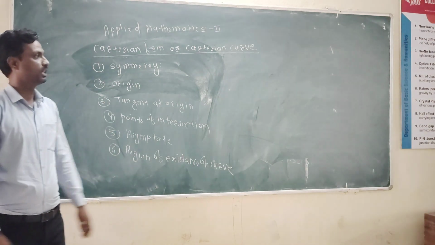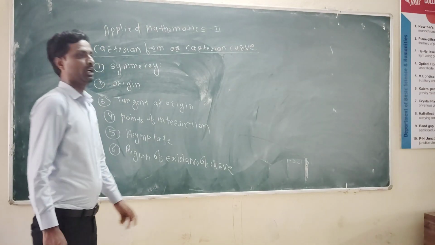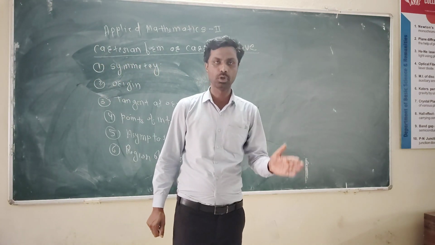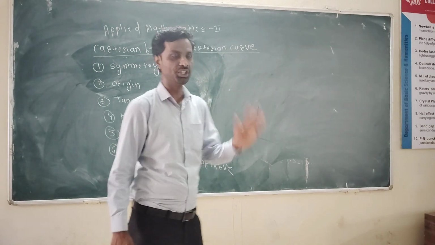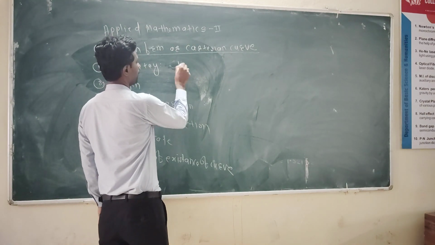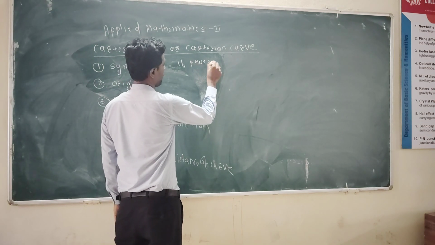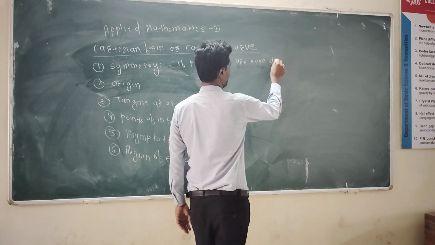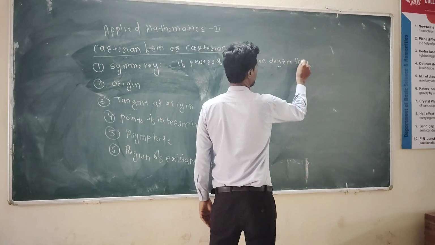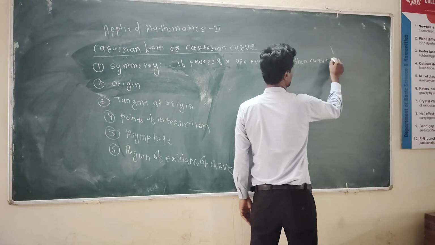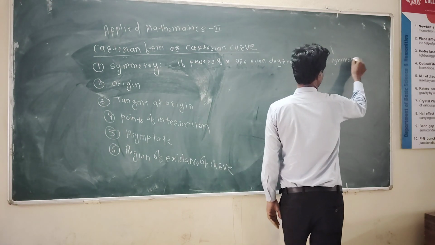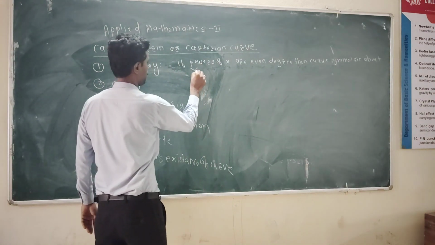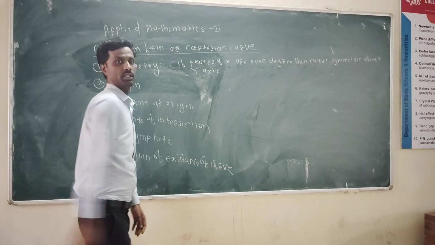So first point is the symmetry. Then the curve is symmetric about the x-axis, symmetric about the y-axis, symmetric about both axes, or symmetric about the origin. We will see. If powers of x are even degree, then the curve is symmetric about the y-axis, and its reciprocal.